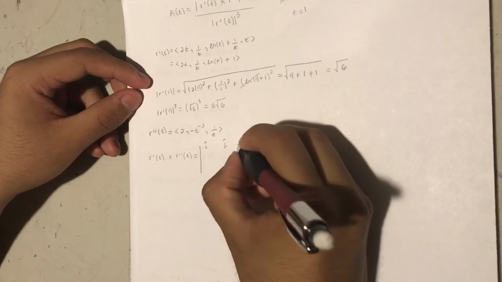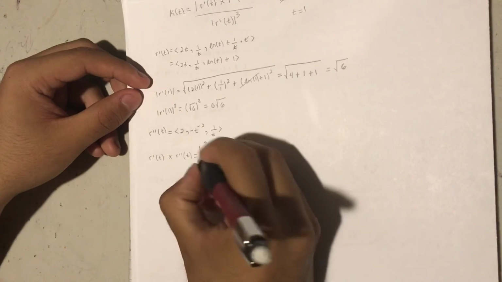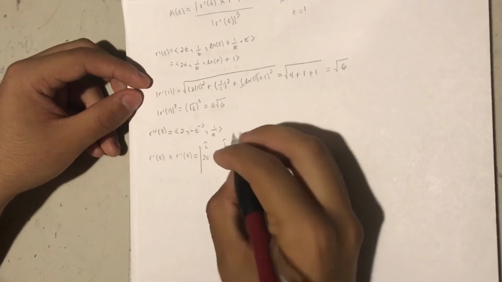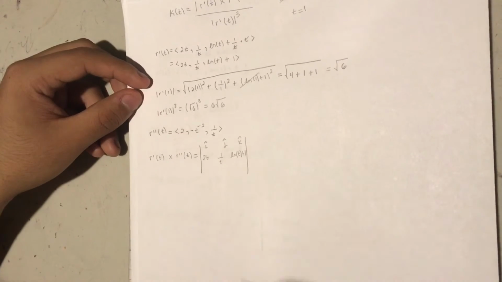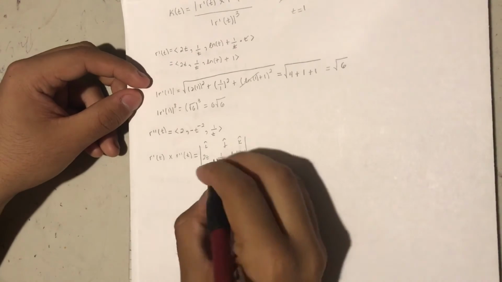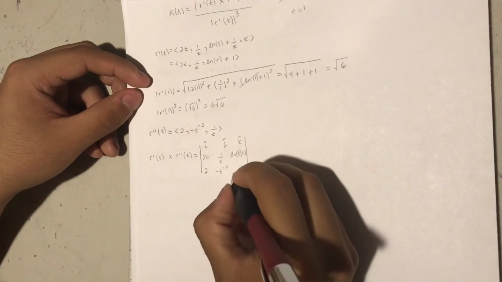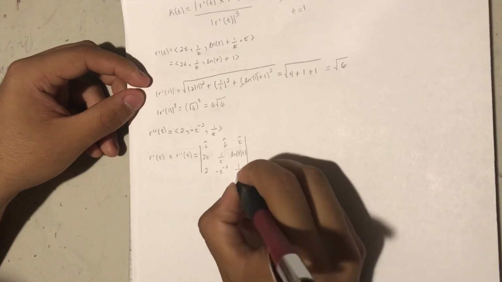So we have 2t, 1 over t, ln of t plus 1, and then we have 2, negative t to the negative 2, and then we have 1 over t.